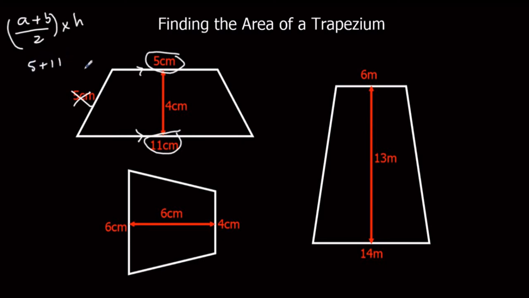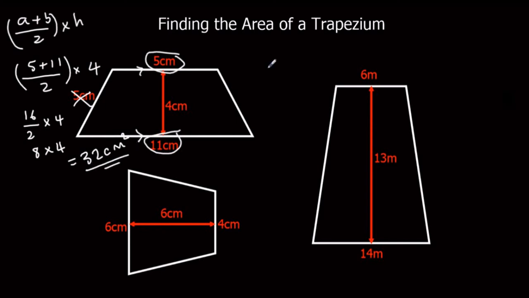It doesn't matter which way around you put them. Over 2 times the height, which is 4. Now 5 plus 11 is 16, so 16 over 2 times 4. Half of 16 is 8. So 8 times 4 is 32. We measure area in squares, so 32 centimeters squared.